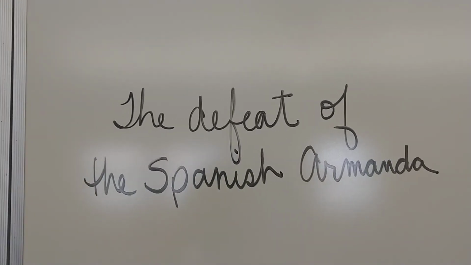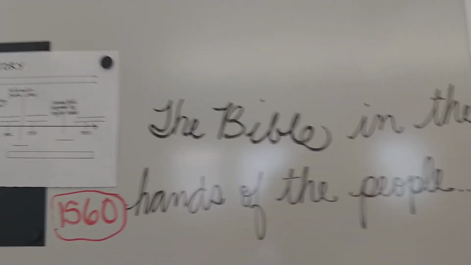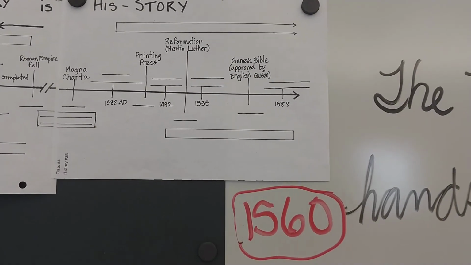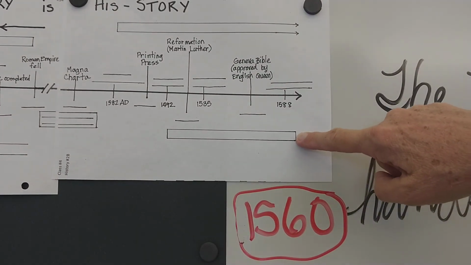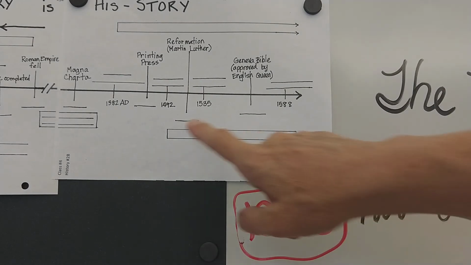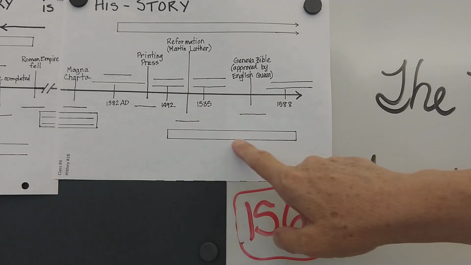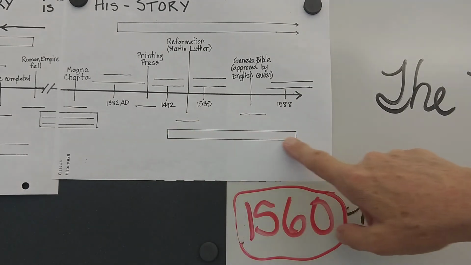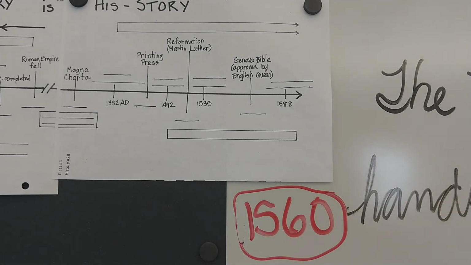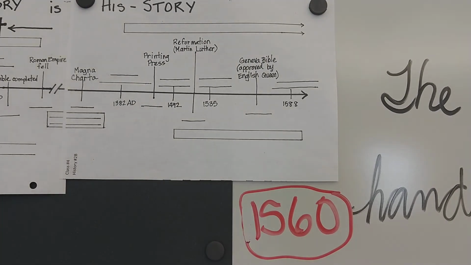Then there's one more box to fill in. This little box right here. And this is the time of the explorers. So beginning with Columbus and a lot of other guys all through this time period, Drake and Cabot and many other people were exploring the world. So we're going to write in that box, Age of Exploration.